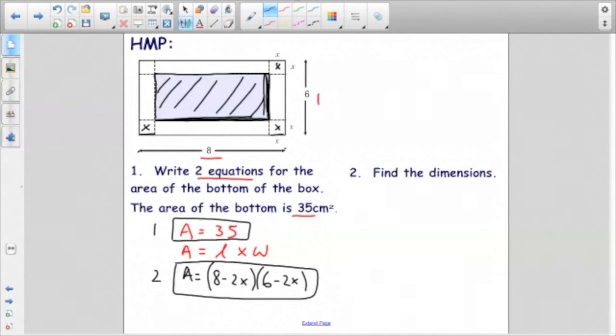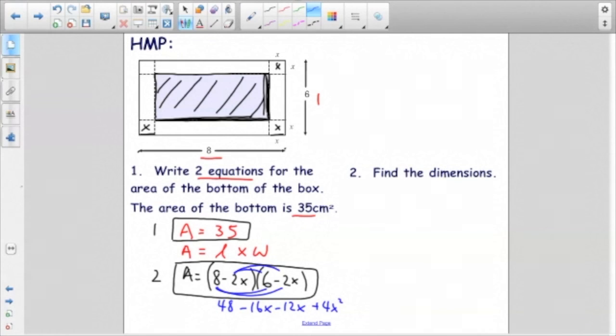Well, so let's just rainbow this out and see what we get. So if we rainbow that out, we will get 48 negative 16x negative 12x positive 4x squared.